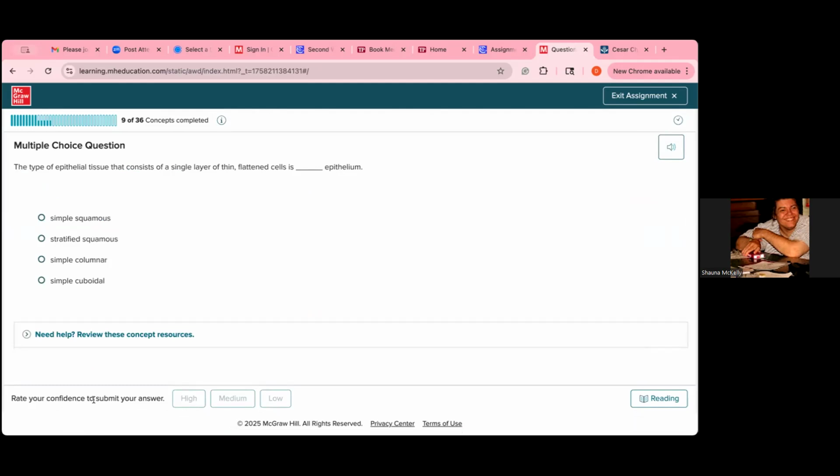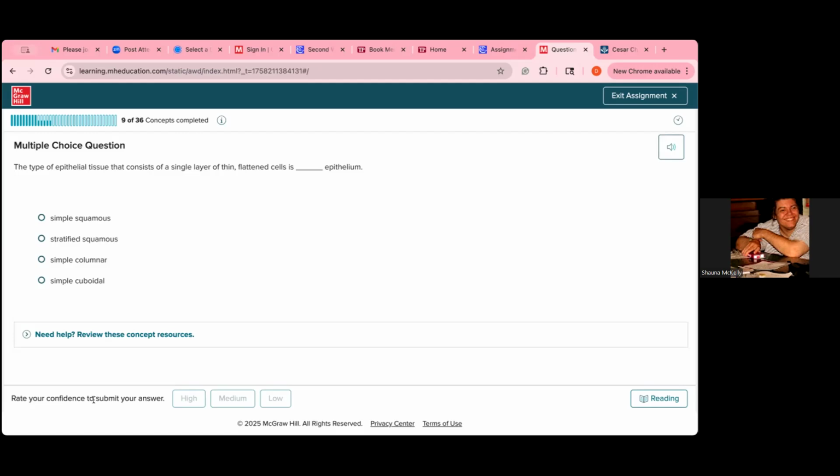The type of epithelial tissue that contains a single layer of thin, flattened cells is simple squamous.